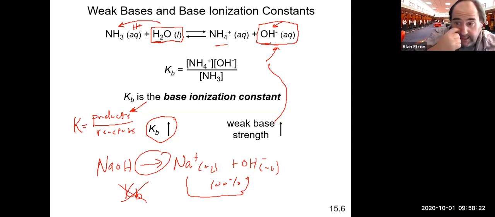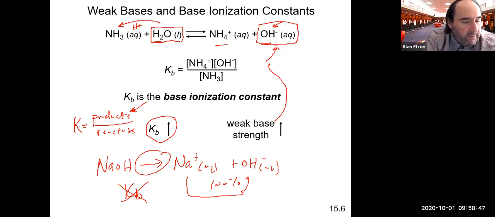So this is another way you want to think about it: if I see a Kb value for something, or I could find a Kb value for something, that automatically tells you that it is a weak base. These are little things you want to think about when doing these problems, because oftentimes people have problems with: is this a weak base? Is it a strong base? What am I dealing with?